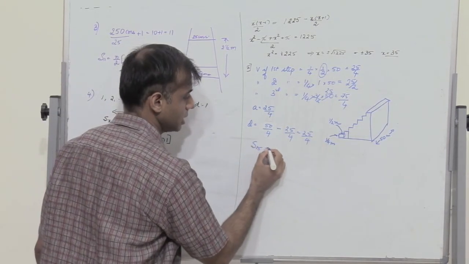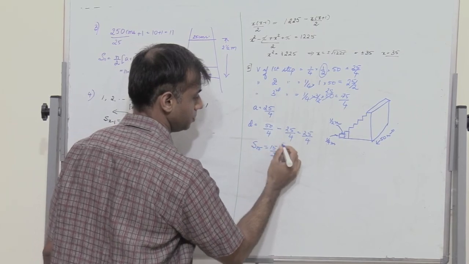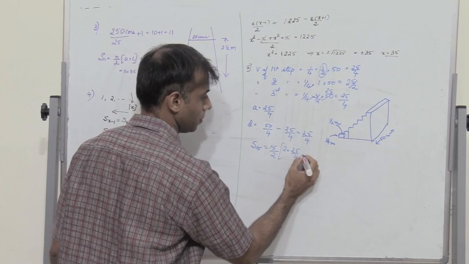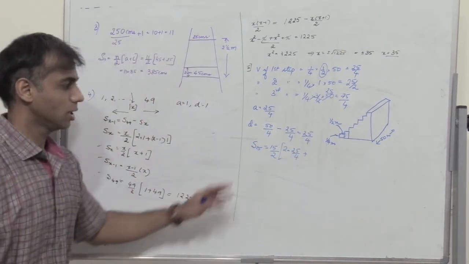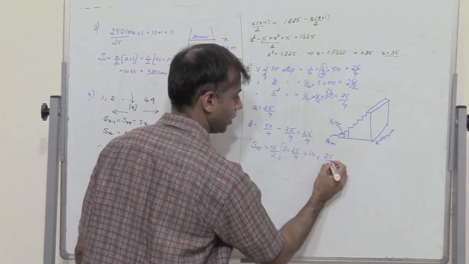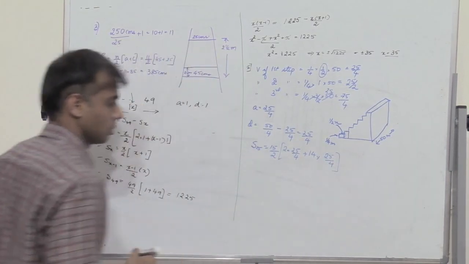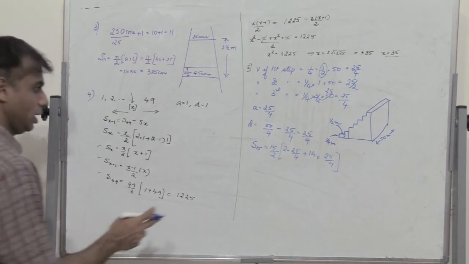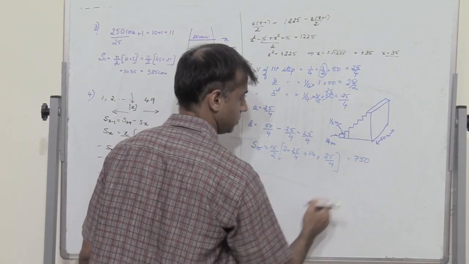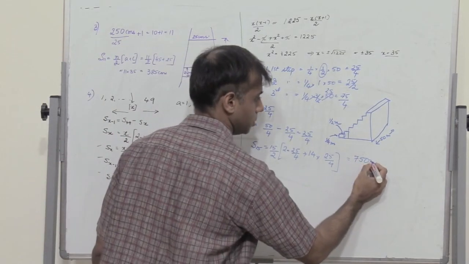We know that there are 15 steps. So S15 is 15 by 2 into 2 into 25 by 4 plus n minus 1, 15 minus 1, which is 14, into D, which is 25 by 4. Right? So when I calculate the value, I get 750 meter cube.